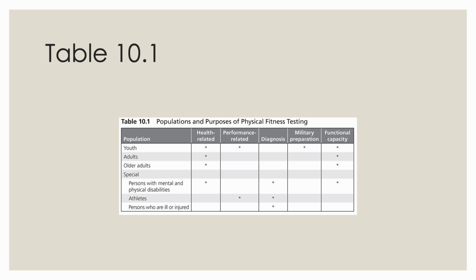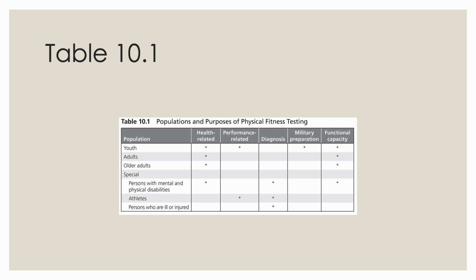And then our population that we can test health-related fitness are youth, adults, older adults, or persons with mental and physical disabilities. For our performance-related physical fitness tests, the populations that we're going to target for those tests are the youth and our athletes. Those are our higher level tests, and the goals and objectives are different.